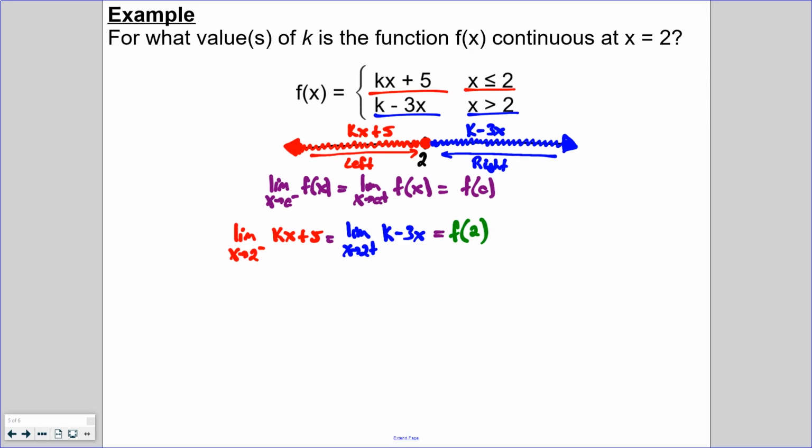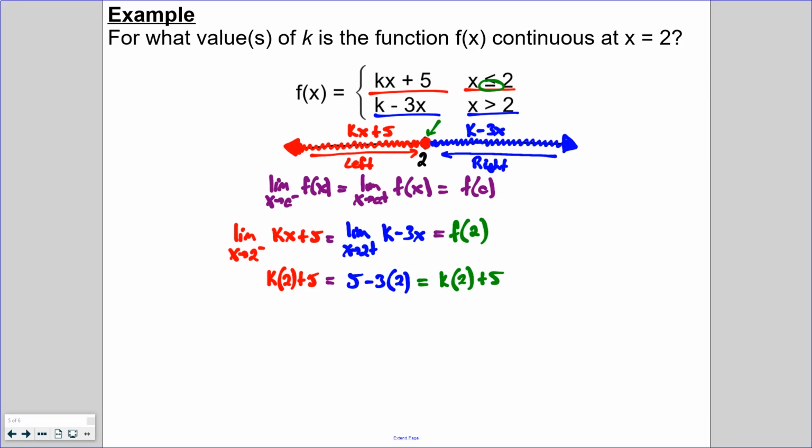Alright, so now we can evaluate the limits on the functions. So the limits, direct substitution. So we're going to get k times 2 plus 5 is equal to k minus 3 times 2, which is going to be equal to, let's see, where does 2 exist? 2 exists on red. So this is going to be k times 2 plus 5.